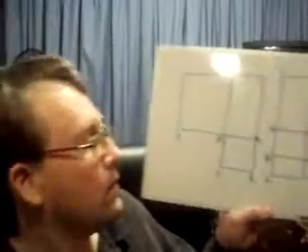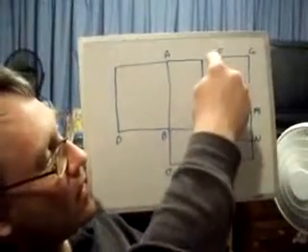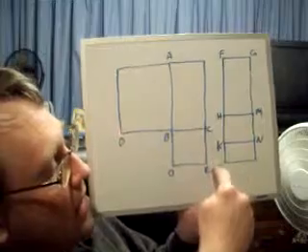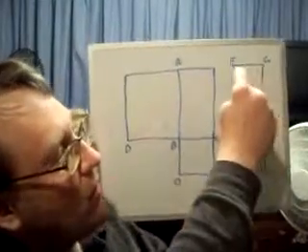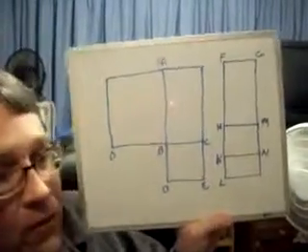So this line here and this line here are incommensurable with this line here. We can say this because of Euclid Book 10, proposition number 22.